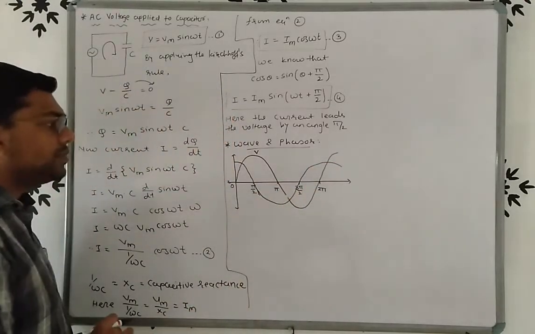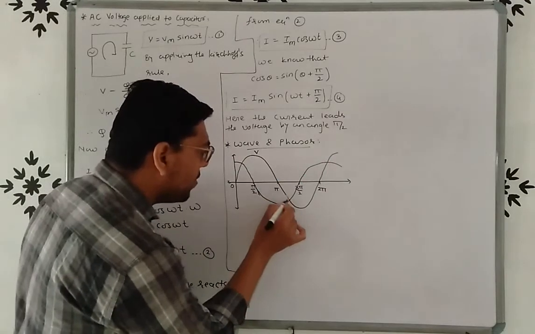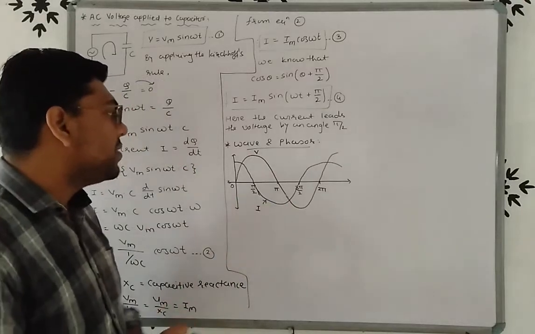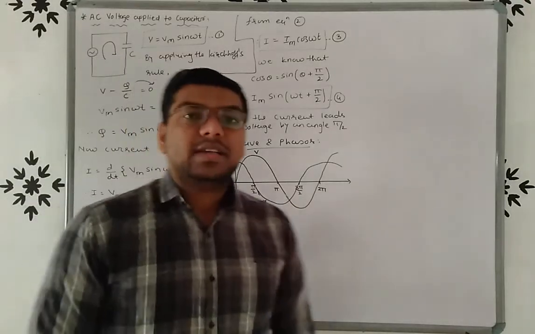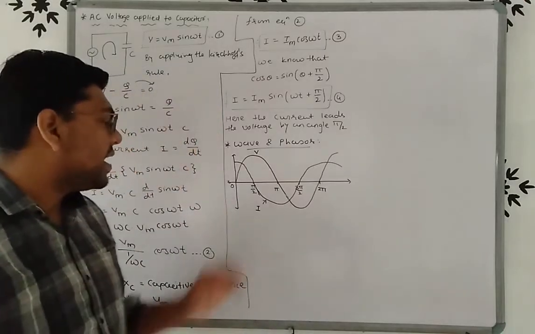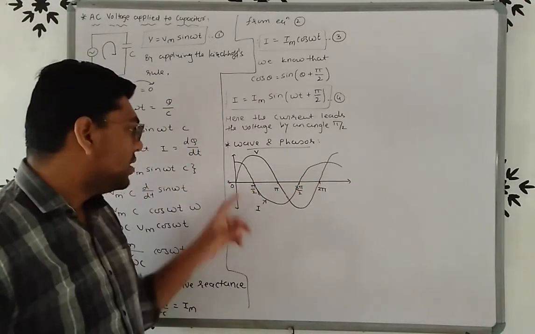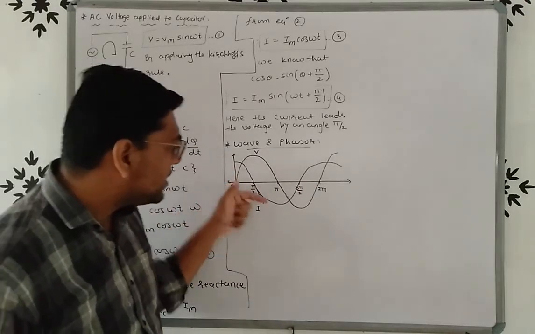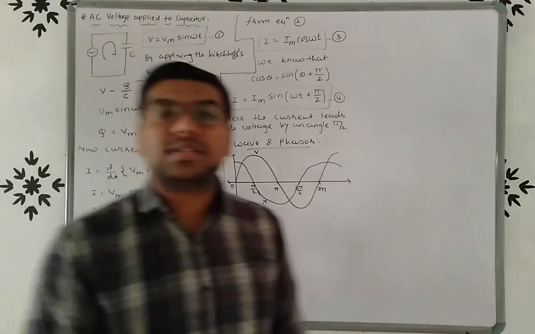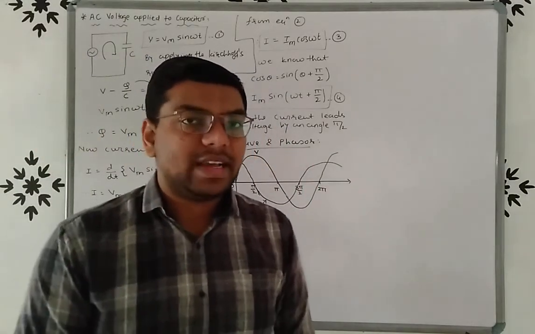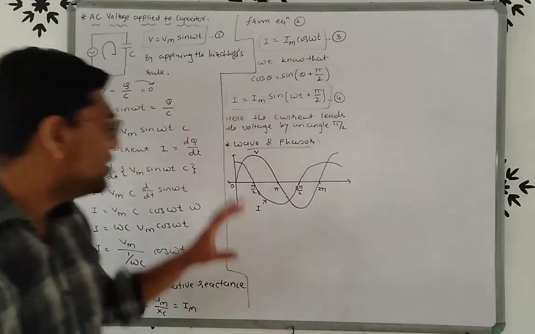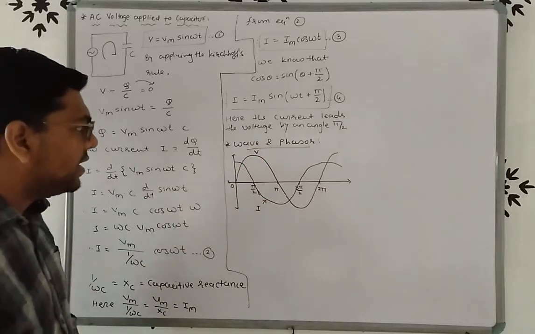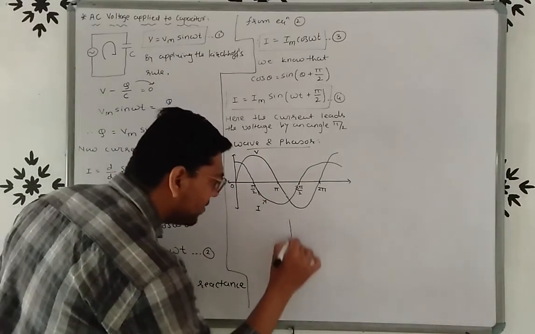So this is the wave of current I. The current is ahead of voltage by angle pi by 2, so the current is maximum at 0, then it starts decreasing, then starts increasing, right? So this is the wave of voltage and current. Now we draw the phasor.